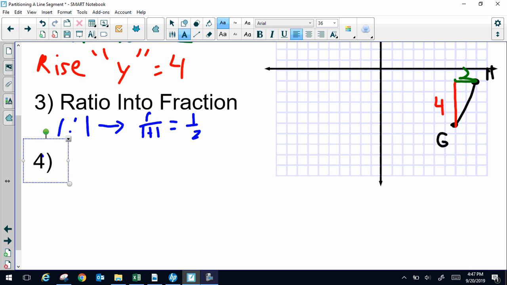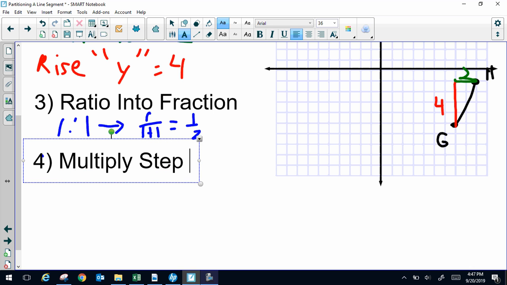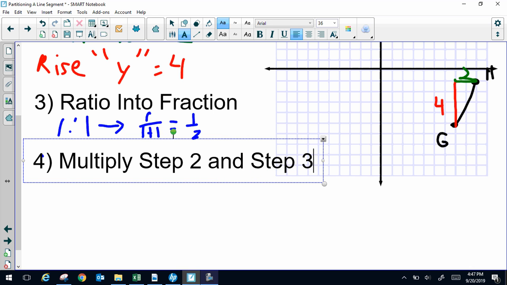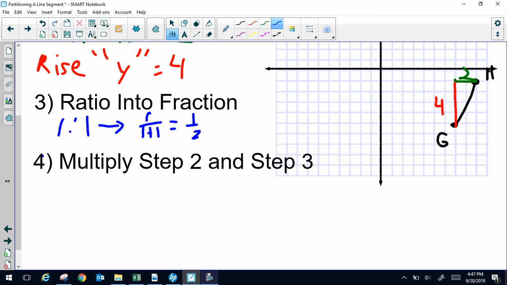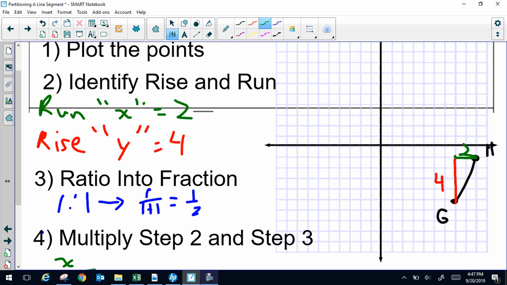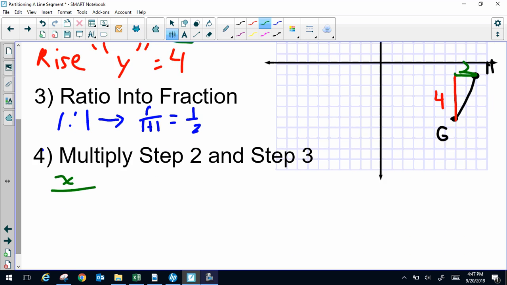Okay, step 4. Multiply step 2 and step 3. So again, if we look at our x's, if I take the x from step 2, which is 2, and I multiply it by the fraction that I got in step 3, which is 1/2, you're going to get 2/2, or just 1.